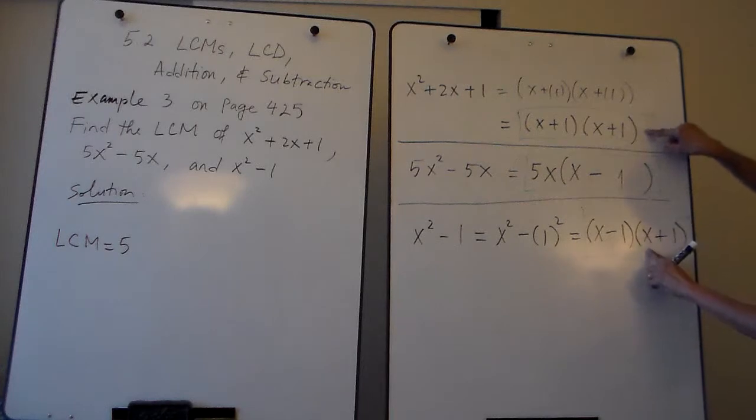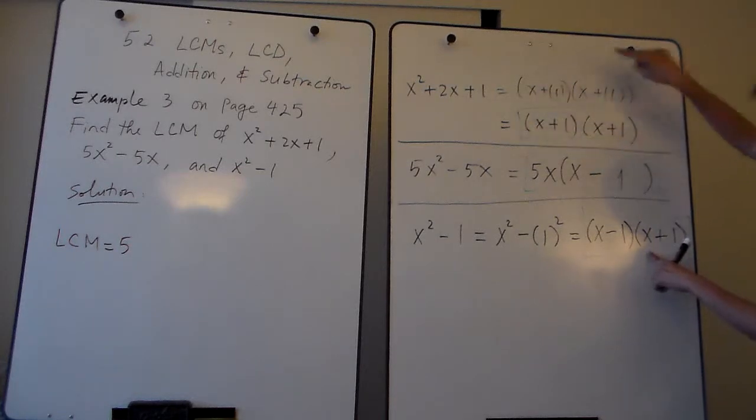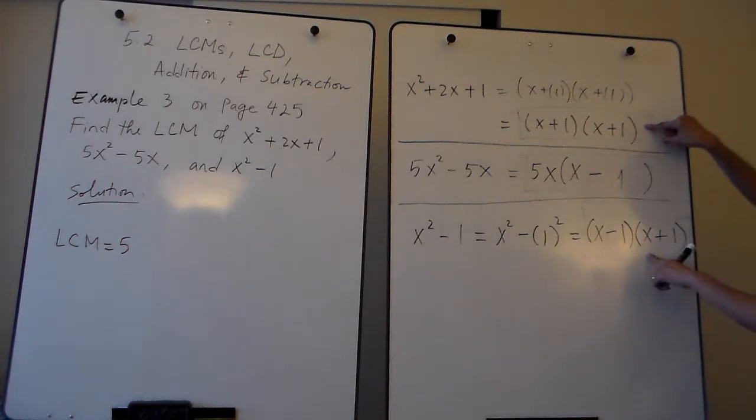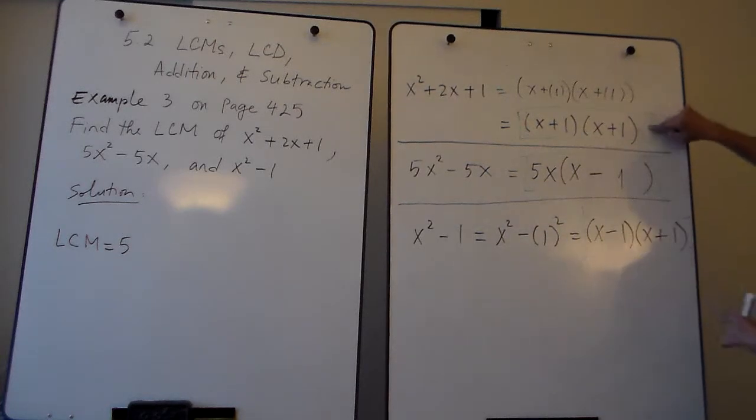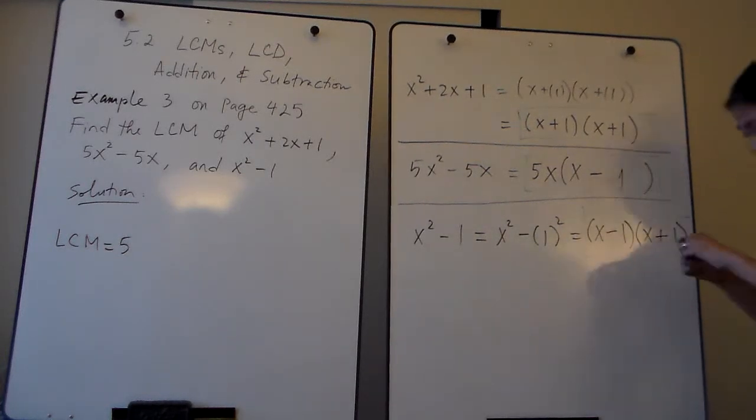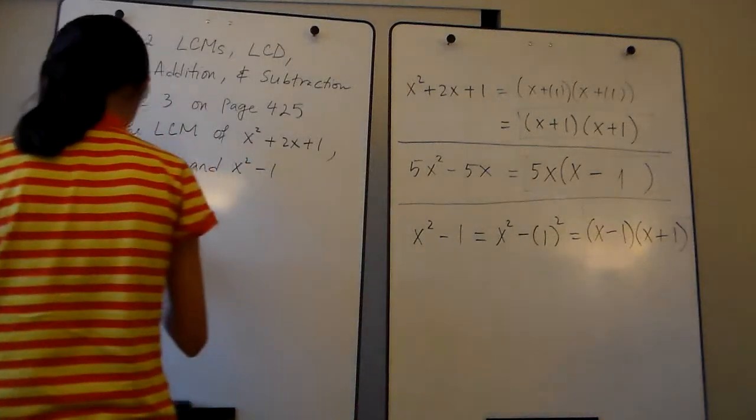Yes. Now, the x plus 1 factor happens twice in this first expression. The x plus 1 happened 1 time in this third expression, okay? The x plus 1 does not occur in this second factor, so only the first and the third. So I'm going to write x plus 1.